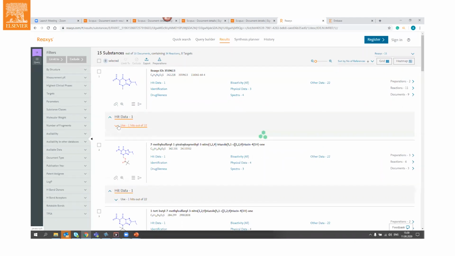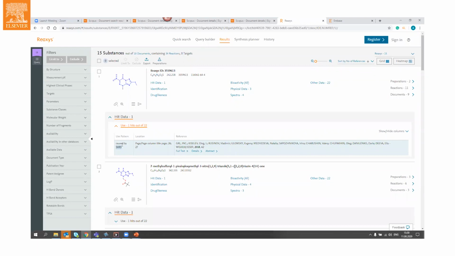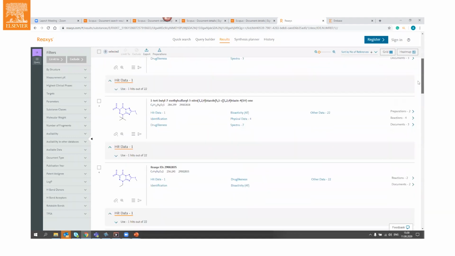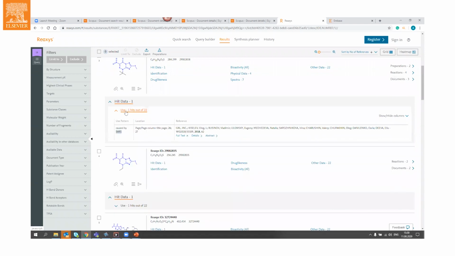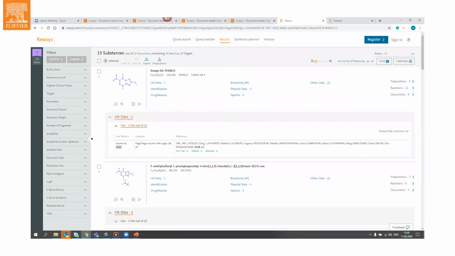All of them have documents connecting them to SARS. So it's the patent which explains that it can be used against SARS. Here it is. Okay.